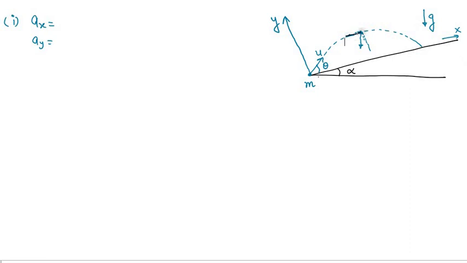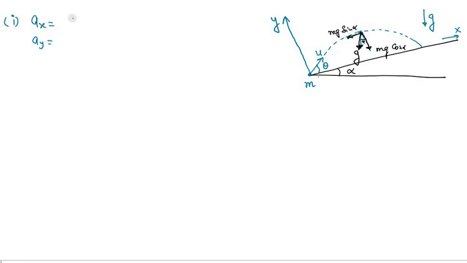There will be a component in this direction and a component in the y direction, and this is your net g downward. If you analyze carefully, this angle is the same as alpha. So this will be mg cos alpha and this will be mg sin alpha.